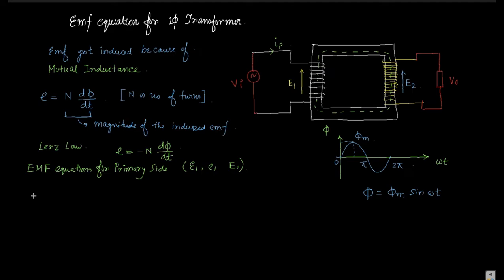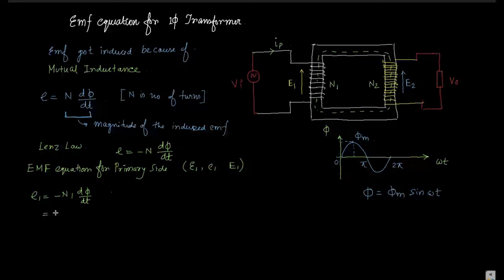So we denote it by E1 is equal to minus N1 d phi by dt, where the number of turns in the primary side is N1 and the number of turns in the secondary side is N2. We can replace this phi by phi m sin omega t, as phi is alternating in nature.